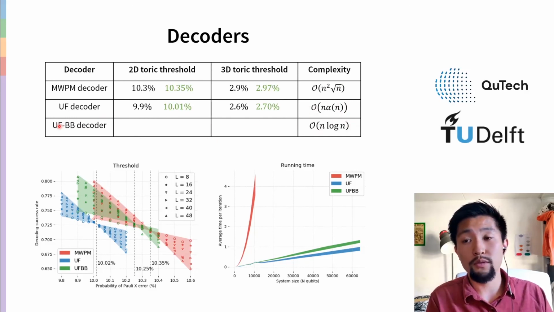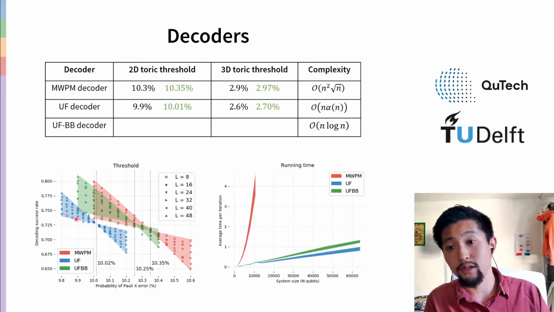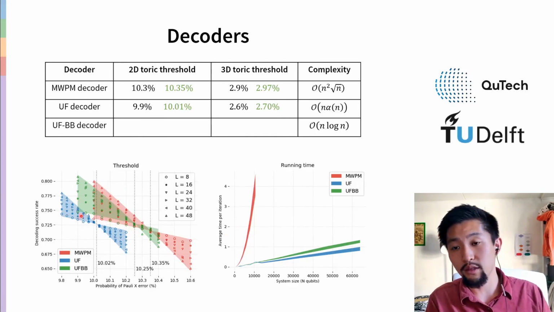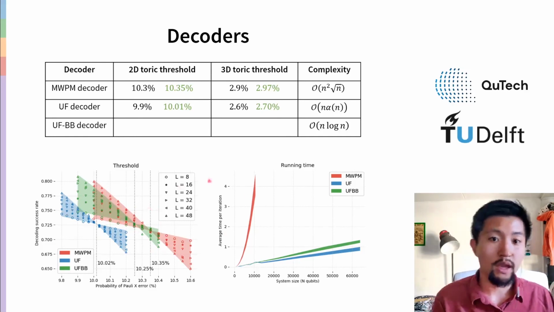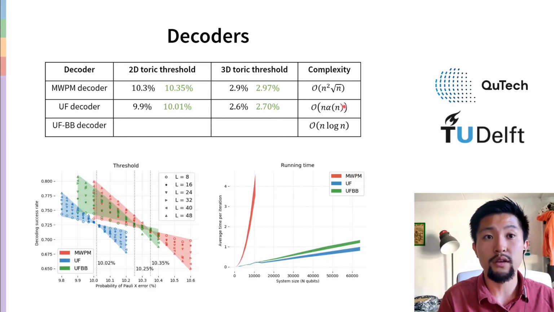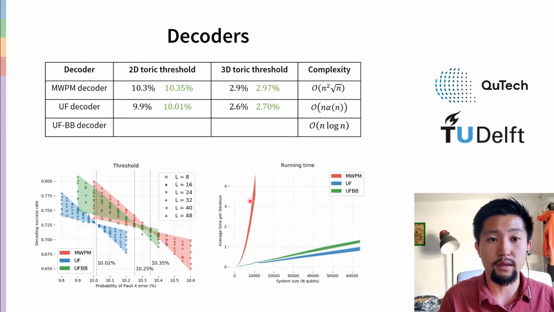And we have the unified balanced Bloom decoder, which has a complexity that is still quasi-linear. If you compare it with the graphs that we have before, we can see that the threshold is very near minimum weight perfect matching, and the running time performs really well. It's slightly above, even though it's quasi-linear and not almost linear. It sits just slightly above unified, and it's drastically better than minimum weight perfect matching.